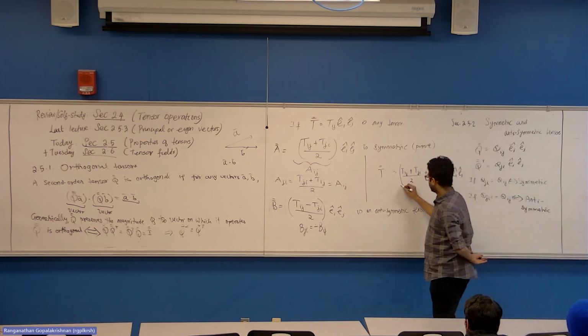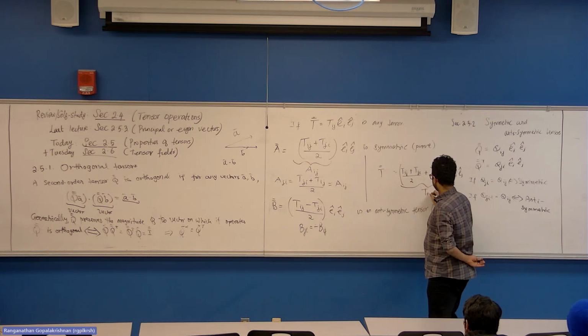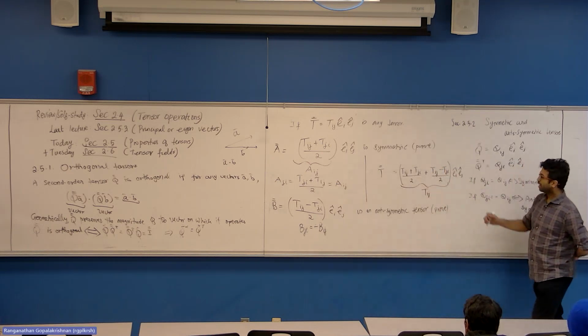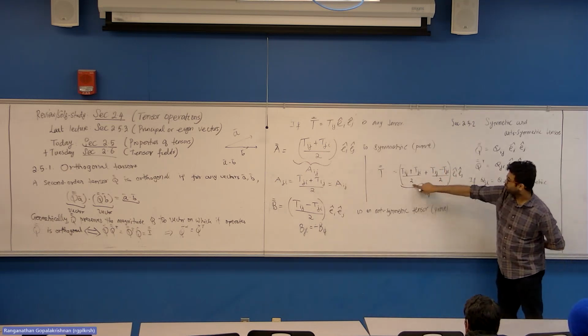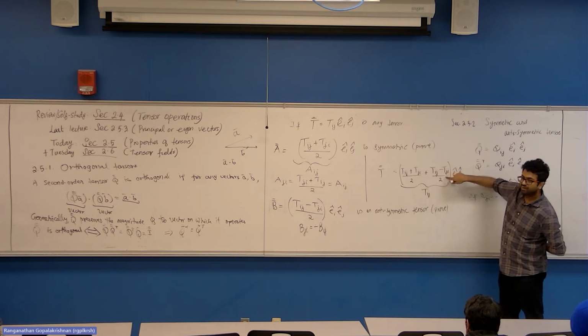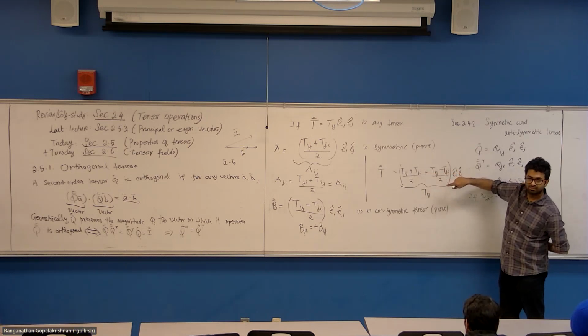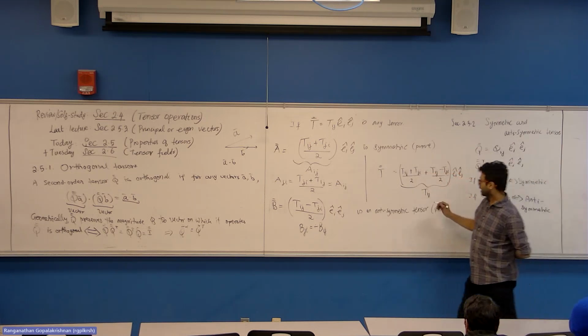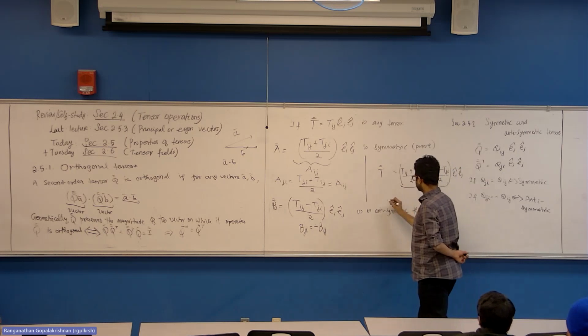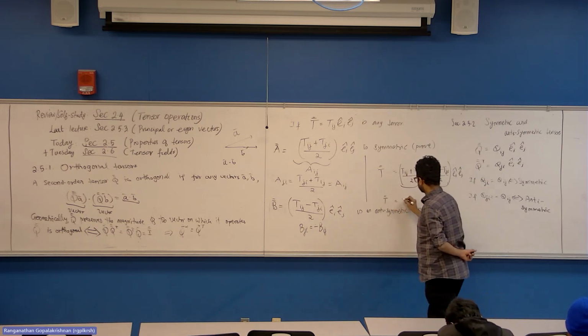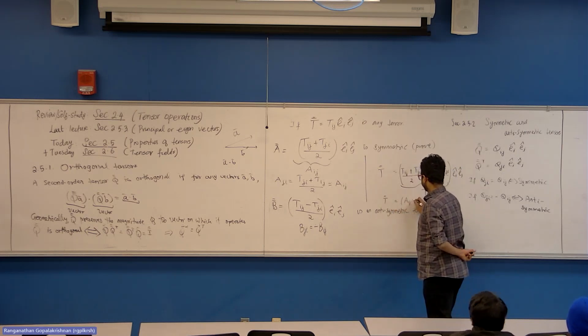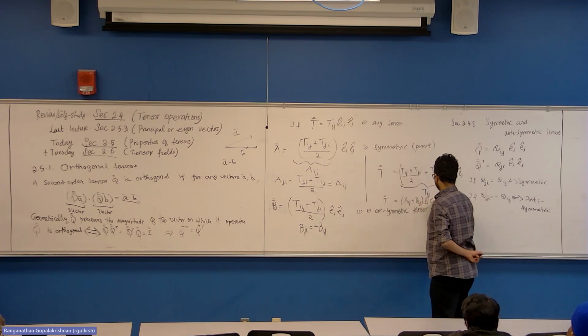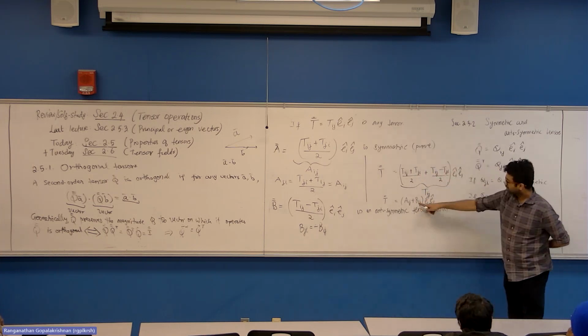If you take a closer look, this is nothing but Tij. All I did was split the one into two halves, add and subtract Tji. So you can say T is equal to (Aij plus Bij) Ei Ej. What does this statement mean?